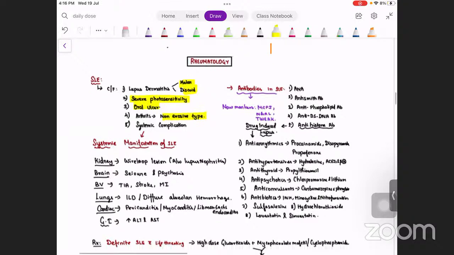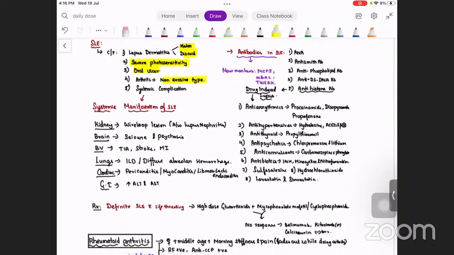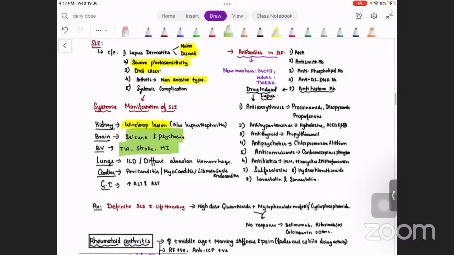Speaking about the systemic complications of SLE, wire loop lesion is associated with lupus nephritis. In the brain, it can produce seizure and psychosis. In blood vessels, TIA, stroke, and myocardial infarction.